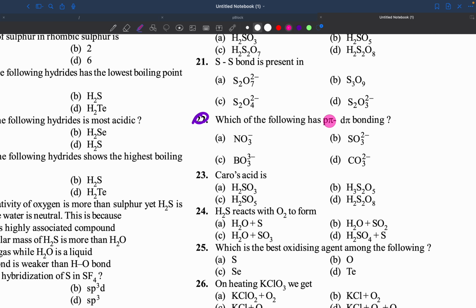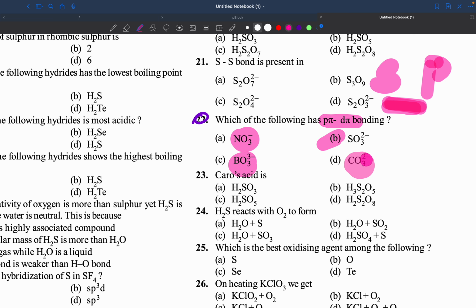Try number 22. P pi D pi bonding is in SO3 2-. If a question is asked on P pi D pi bonding, it is about sulfur or phosphorus. It is present only in those two, nowhere else. Neither nitrogen nor oxygen has a d orbital. Neither boron nor oxygen, neither carbon nor oxygen has a d orbital. They are from the second period only.